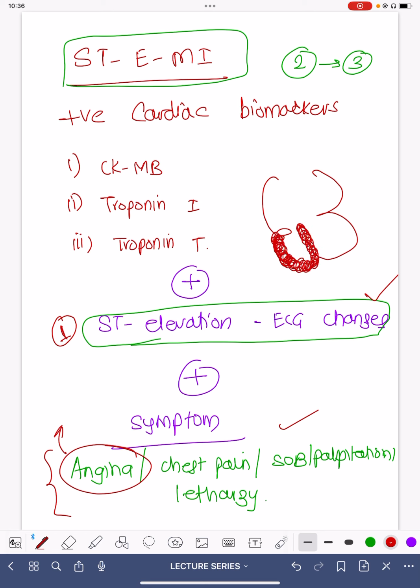So as this muscle is damaged, automatically the muscle components, troponin or the creatine kinase, which are all a part of muscle, are released. Whenever this cardiac muscle or heart muscle is directly damaged, these chemicals are released into the blood.